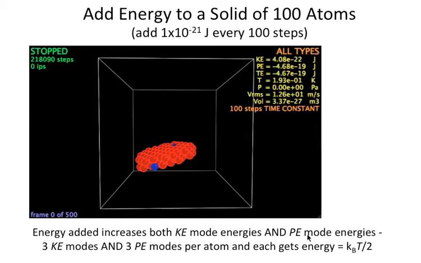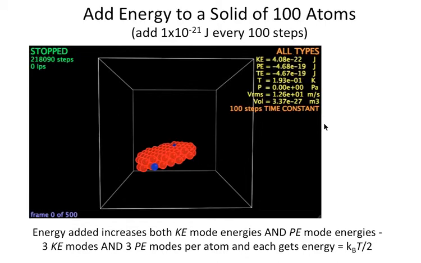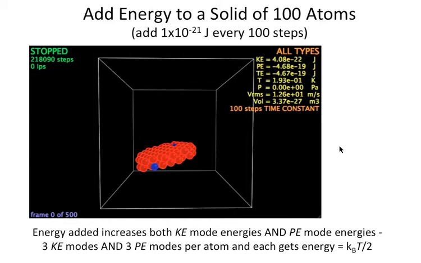But there are 300 potential energy modes, so the total thermal energy is going to actually be twice this kinetic energy. The potential energy is the big negative number because of the bond energy. These things are bound together, so you can't read the thermal energy out of this potential energy very easily, because it includes bond energy.